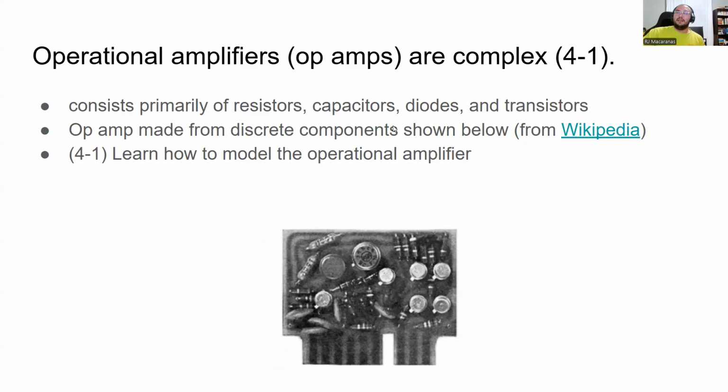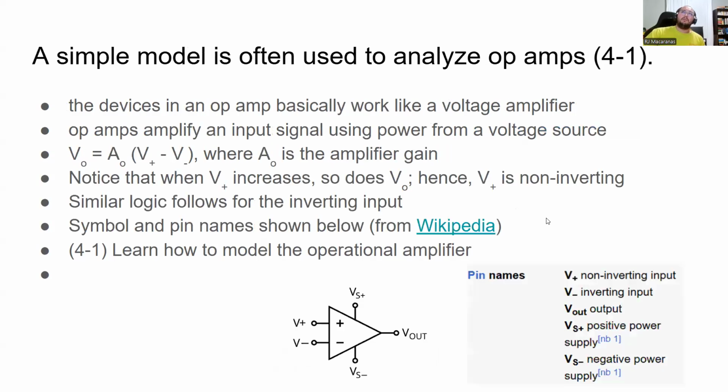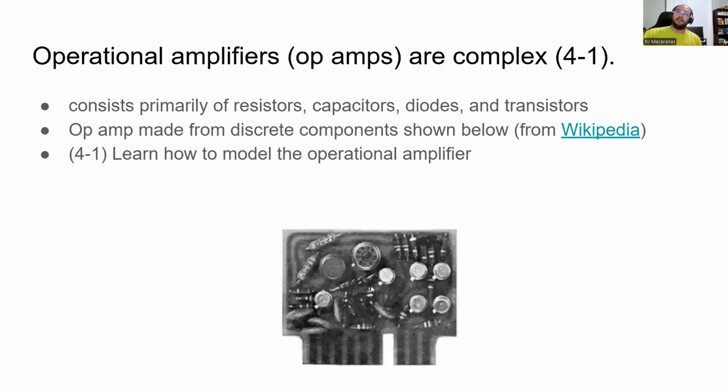and we can't necessarily analyze them with the tools that we have so far, but we can model them in a way that's a little bit simpler. This is typically what the op amp looks like in a circuit diagram. It's got these five different pins, a lot simpler than drawing out a circuit that has all these parts in it.